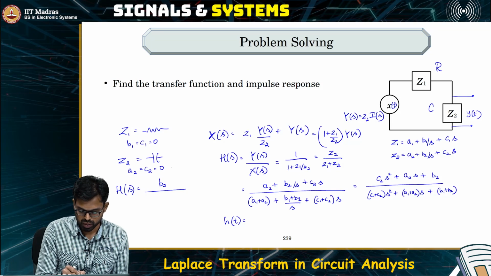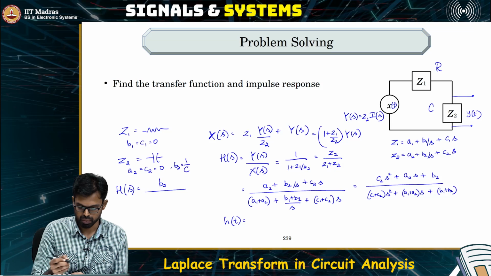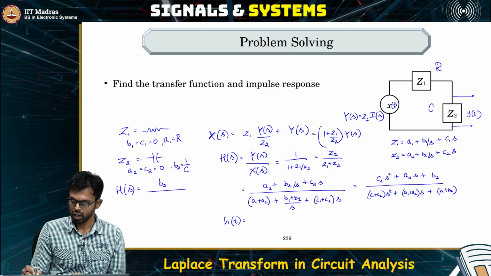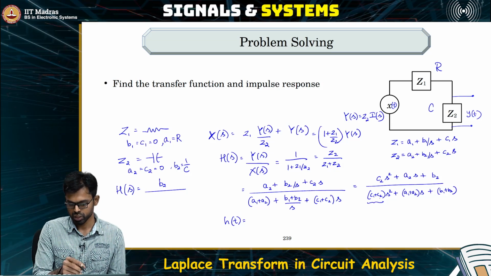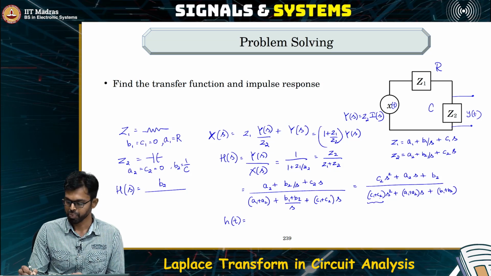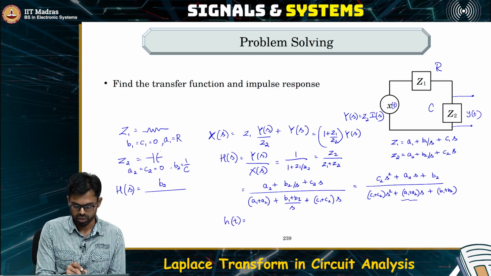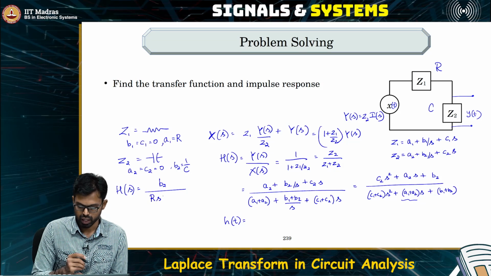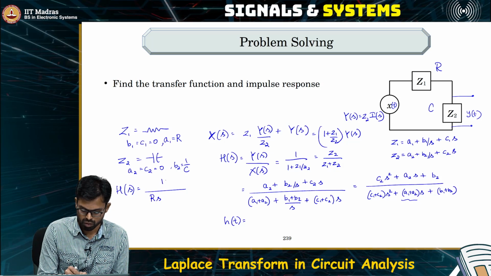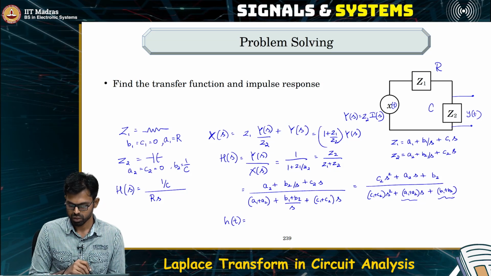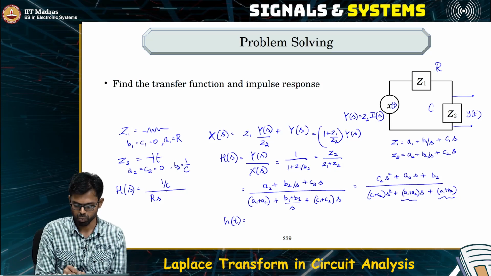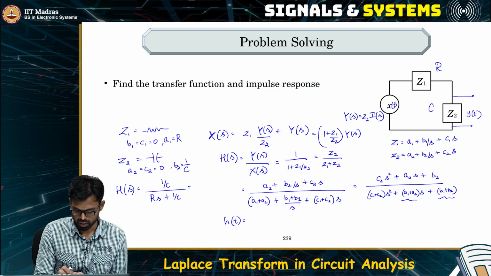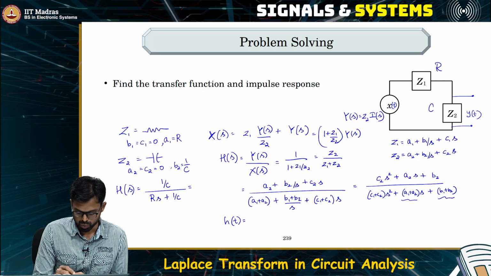and what will be B2 actually? B2 here will be 1 by capital C, and in this case A1 is equal to capital R, and C1 plus C2, both C1 and C2 are 0, so this term is 0. A1 plus A2, what is A1? A1 is capital R, A2 is 0, so we have capital R S, and B1 is equal to 0, B2 is 1 by C. So, dividing this entire expression by 1 by C, what would you get?